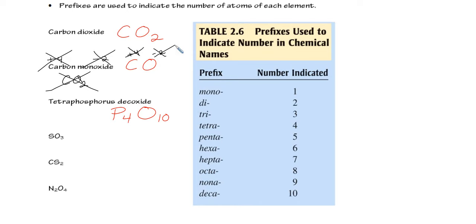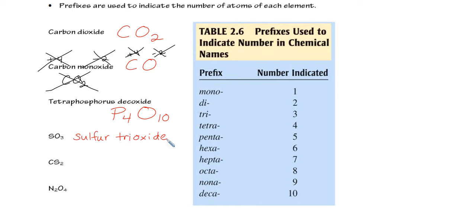Writing the names should not be difficult. The first element, if you have one atom, the mono is optional. So if you have sulfur trioxide, you don't need to say monosulfur trioxide. If you do, that's fine. Nobody will ever mark it wrong if you say monosulfur trioxide. But it's not necessary on the first element.